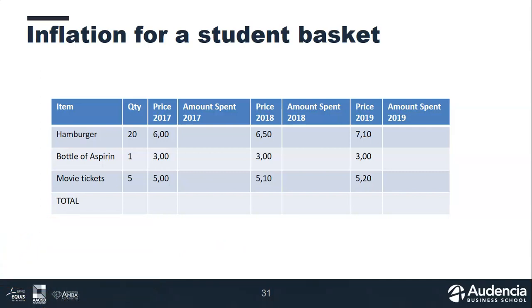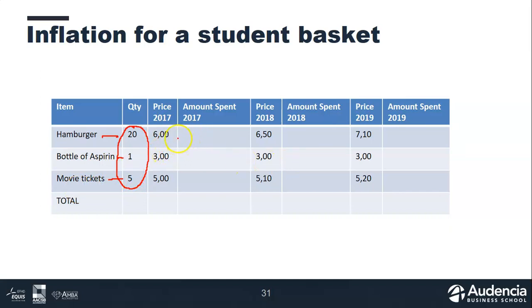All right, this is our basket right here. We've defined a basket of goods and services to include 20 hamburgers, 1 bottle of aspirin that students will definitely need after preparing for an exam, and 5 movie tickets to enjoy the weekend, I hope.